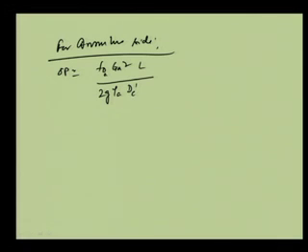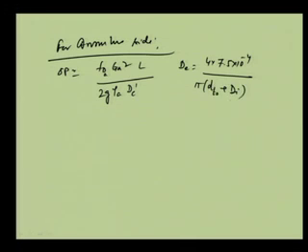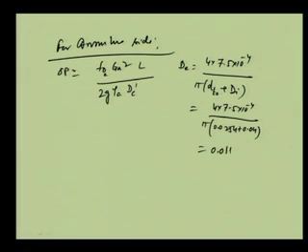So, equivalent diameter is 4 into flow area 7.5 into 10 to the power minus 4 by the wetted perimeter, which is changing here, pi into DTO, the outside diameter, plus DI, the inside diameter of the outer pipe. This is very important actually. So, it is 4 into 7.5 into 10 to the power minus 4 by pi into 0.0254 plus 0.04. So, this gives us 0.0145 meter.